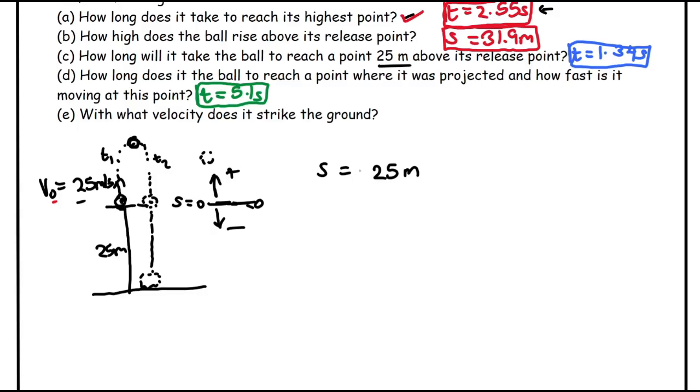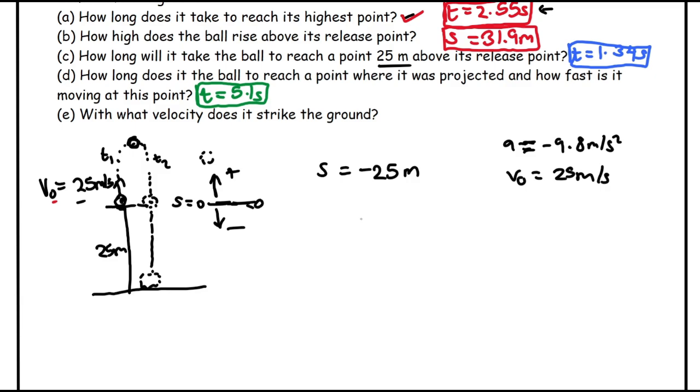That means that we have to take our displacement as negative 25. What else do we have? Acceleration is negative 9.8 meters per second squared. It's still negative because initially the ball is going upwards. The initial velocity remains the same, which is 25 meters per second, because it's going upwards initially, but the final displacement has to be negative 25 meters.